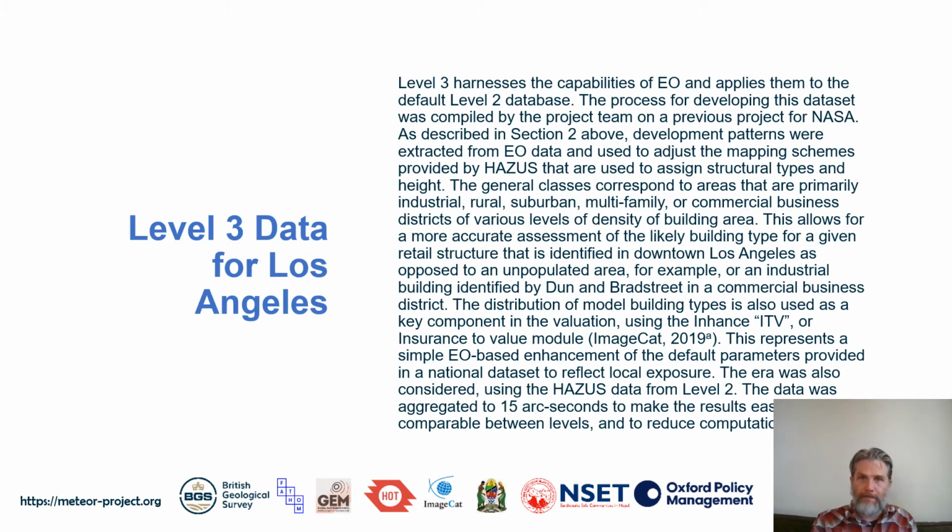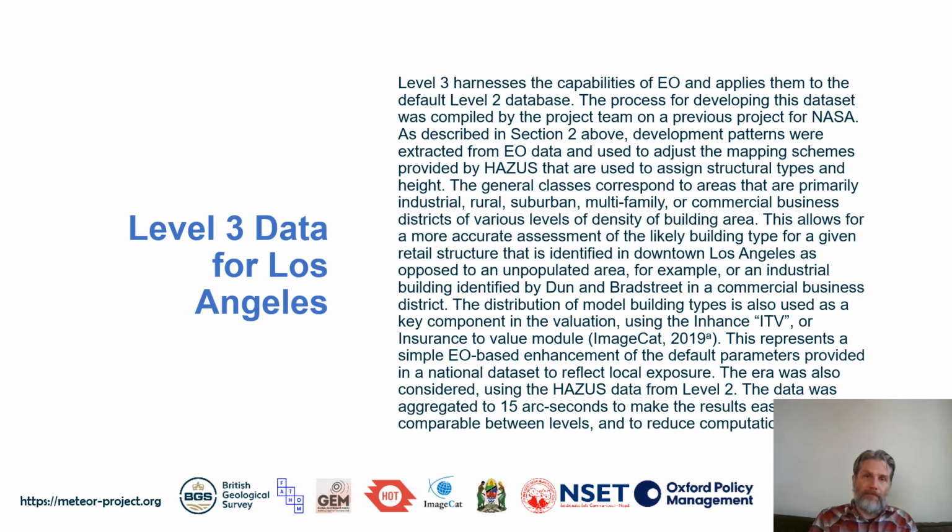So for level 3, we used work that we had done looking at building exposure data sets, developing ITV, insurance to valuation, basically using EO data to do a smarter inference of what the replacement cost would be.